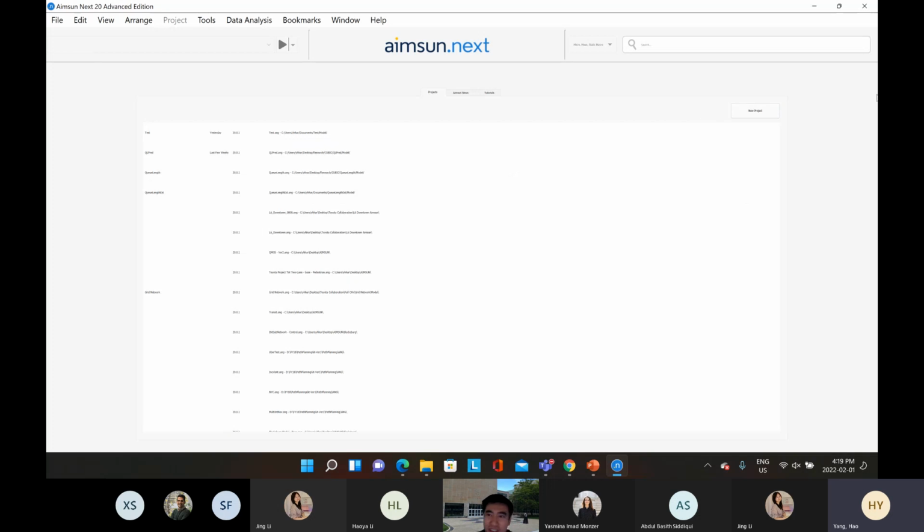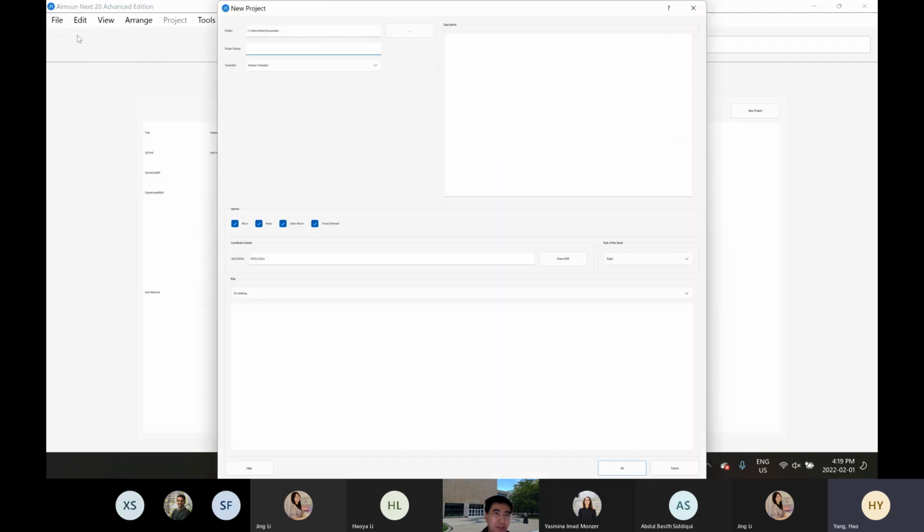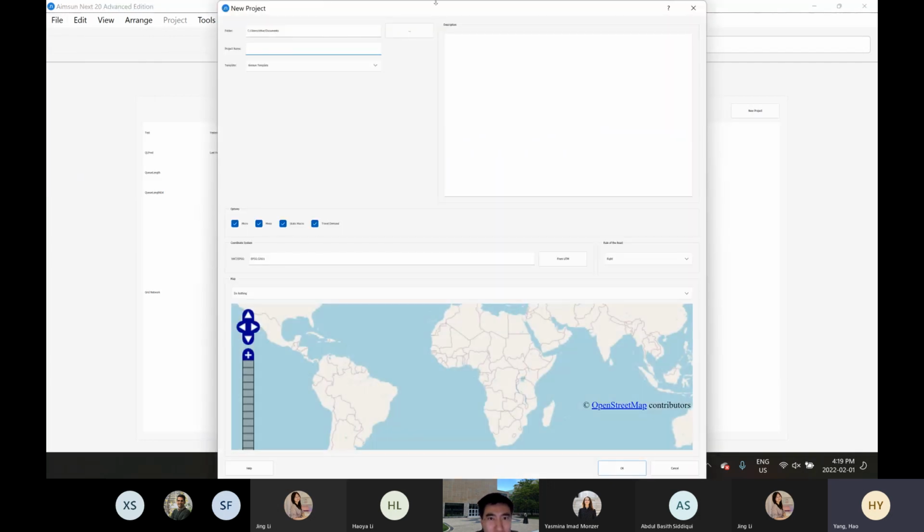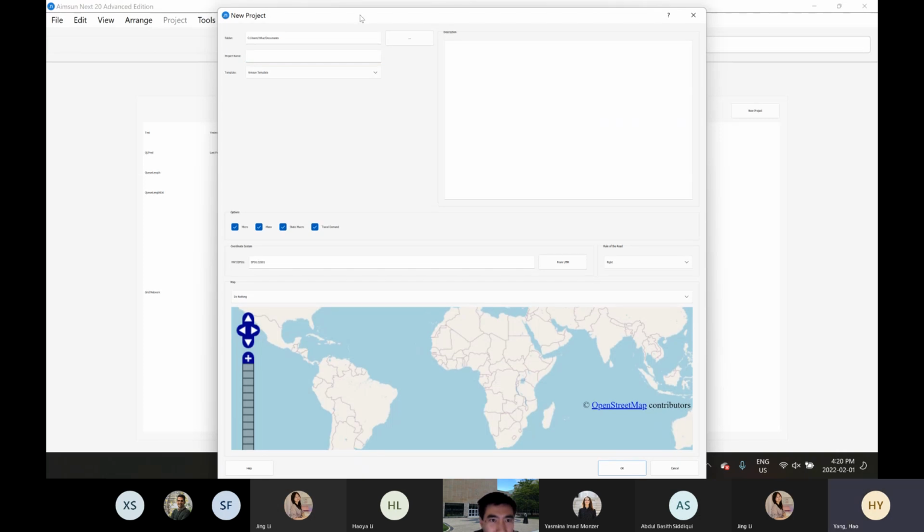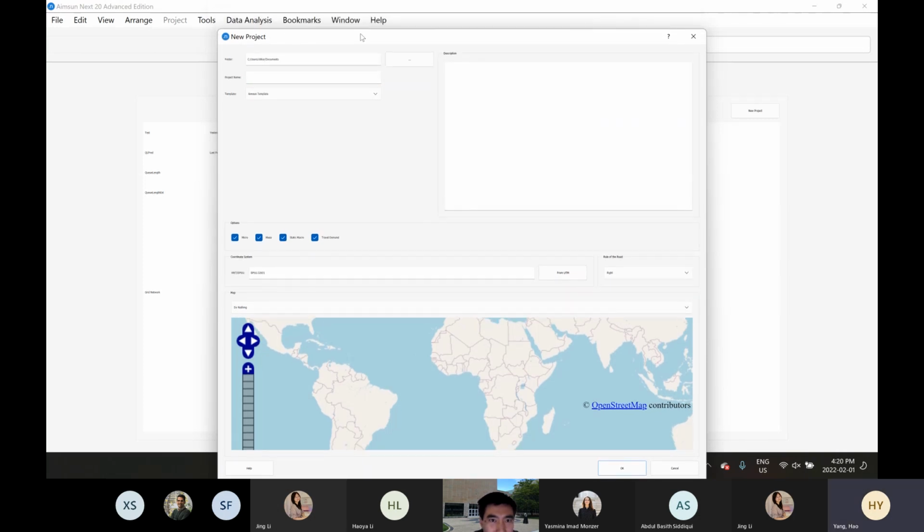Hopefully you can see this button here. It's called a new project, or if you cannot see it, it's fine. Just go to File and select New. This will give you an option to develop a new project. I have no idea why it's so small.